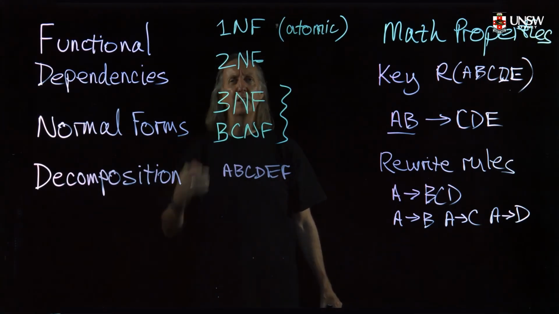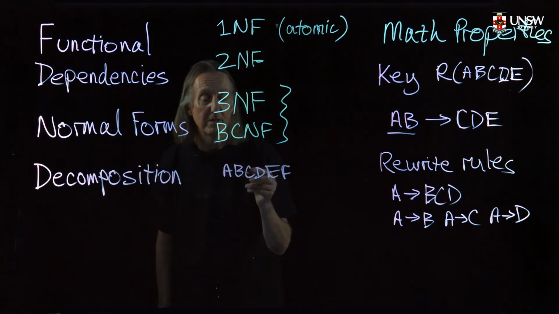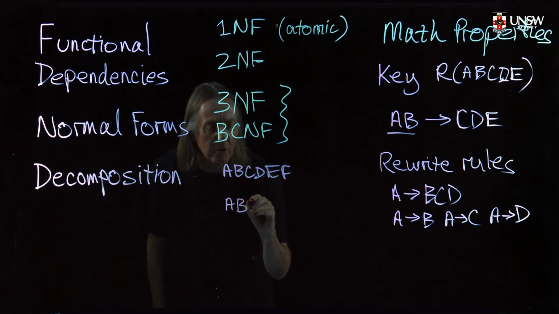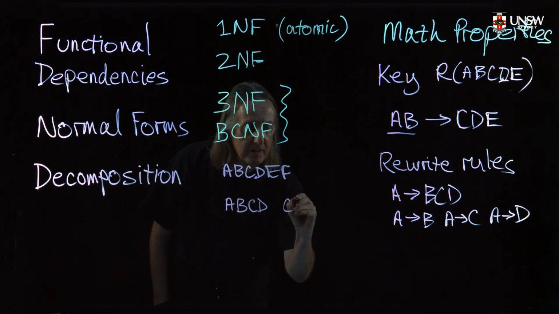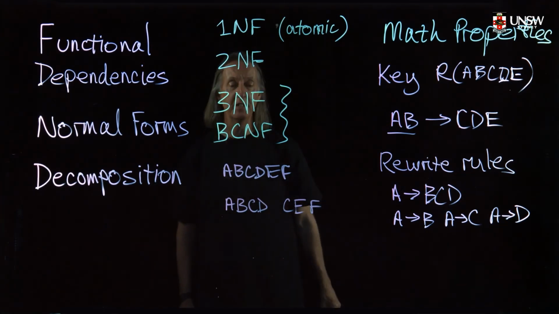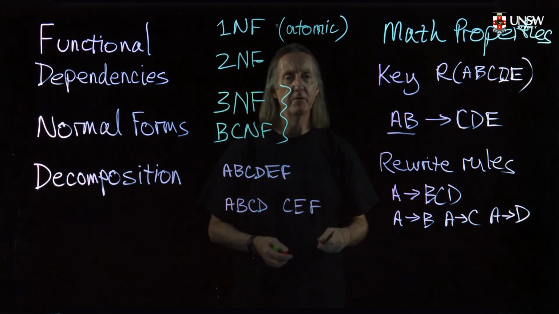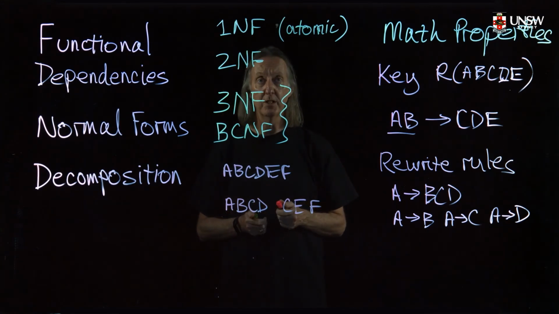If we decide that it's not in an appropriate normal form, what we might be able to do is break it into two smaller tables, and if each of these tables is in the appropriate normal form, then we decompose the schema so that we've eliminated the kind of redundancy and update problems that I talked about in the previous video.